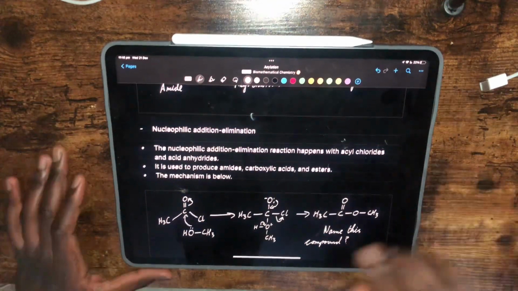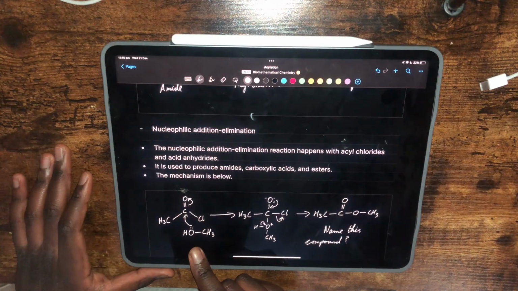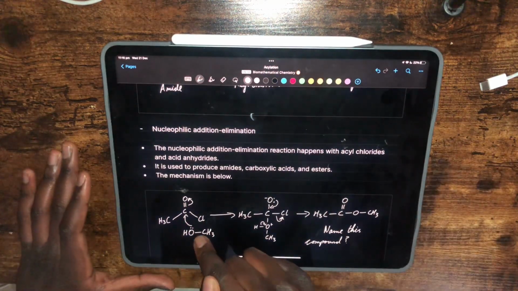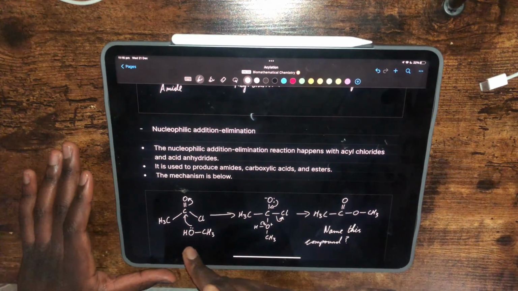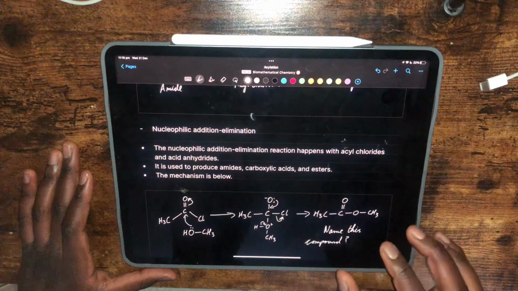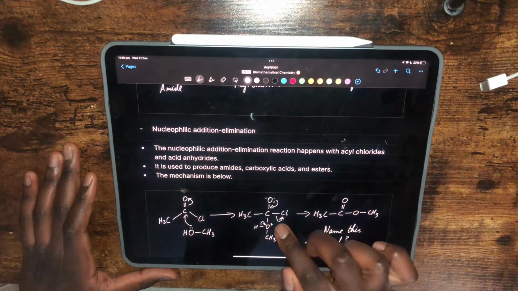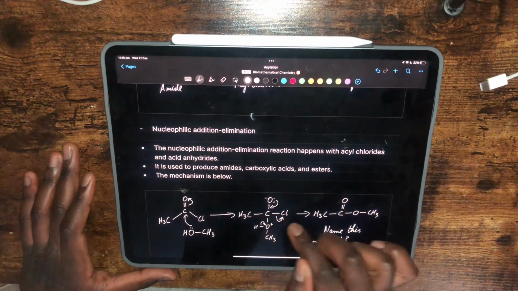So I'll show you here. In this case, we have methanol being added to this ethanoyl chloride. The methanol is a nucleophile, so this nucleophile is being added. And then to skip forward, in this reaction we're losing the chloride group, so this chloride group is being eliminated. Actually, we're losing HCl, an H plus and a Cl minus.